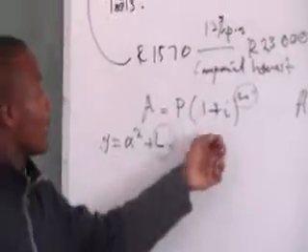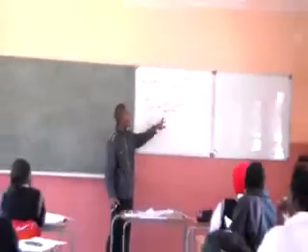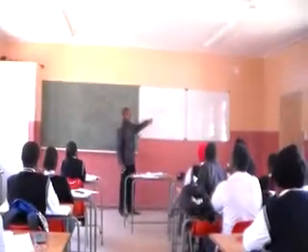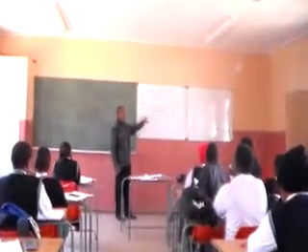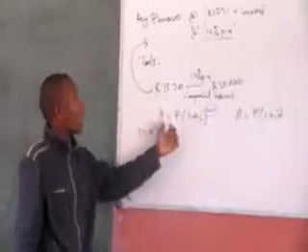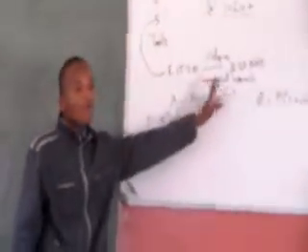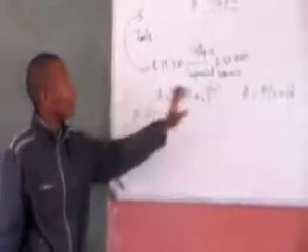So in our case, if we want to solve for n, we should have the interest, the principal amount, and also the amount. Are we all together? Yes. So whenever you are required to calculate, suppose the amount, you should have the values for all of the other variables.